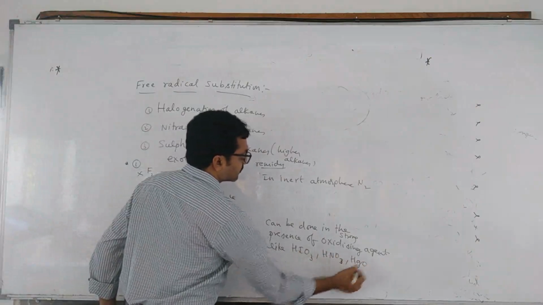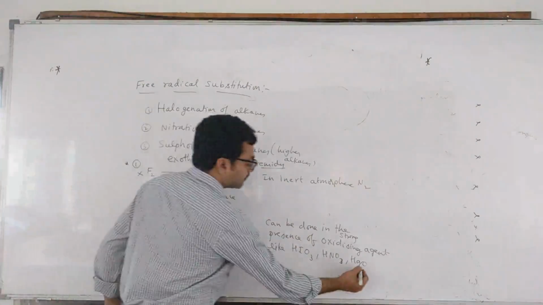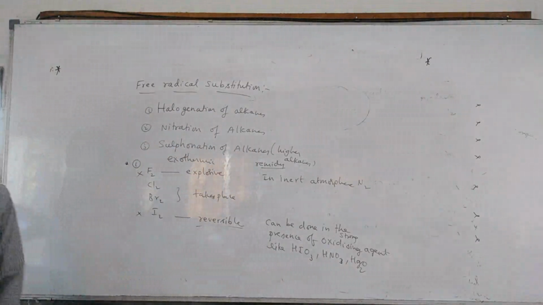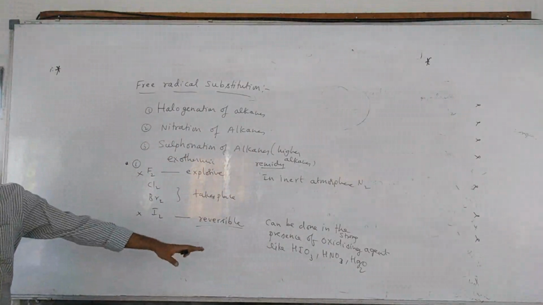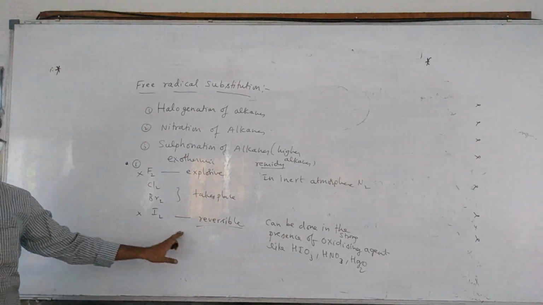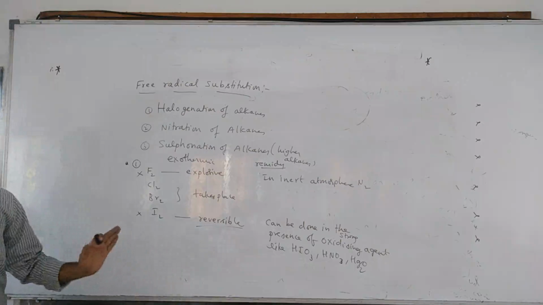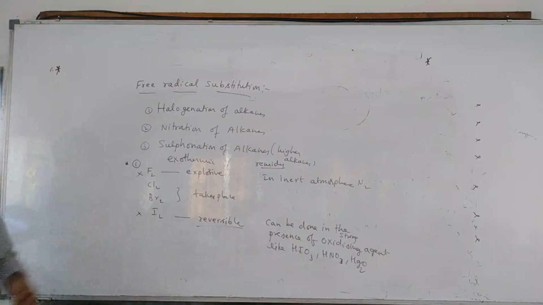This is important. In the presence of these oxidizing agents we can do it. Then the reaction is irreversible. You can do iodination. Understanding? So like that, write the main points.